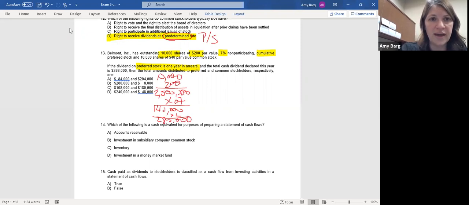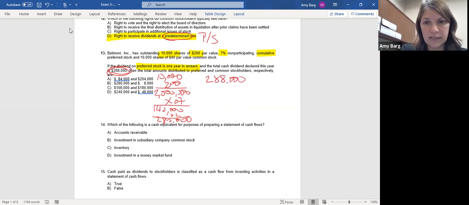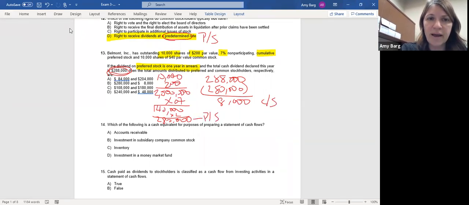So we are issuing $288,000 in dividends, and we need to pay the preferred stockholders $280,000 of that $288,000. The common stockholders get $8,000. Preferred stockholders get this $280,000. It doesn't matter that there's 10,000 shares of $40 par value common stock.